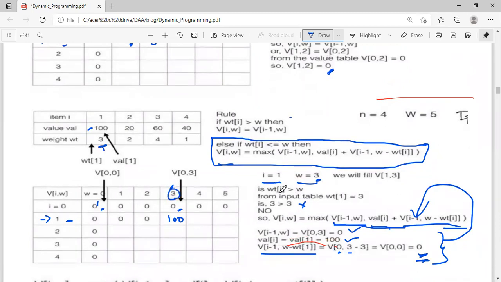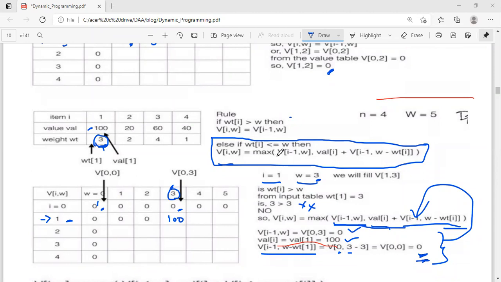So wt of I greater than w: the weight of item 1 is 3 and we have taken w also 3. So this condition is false. Whenever this condition is false, we need to go to the else part.